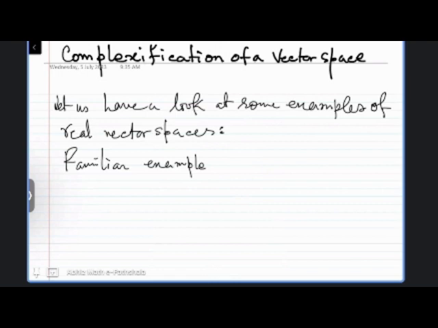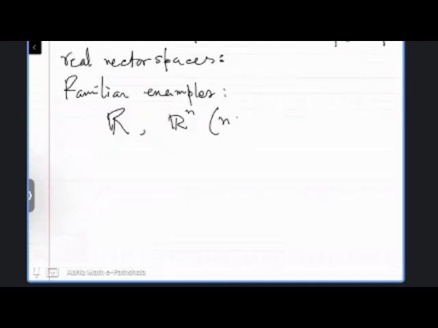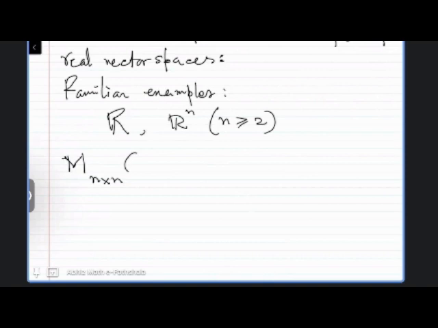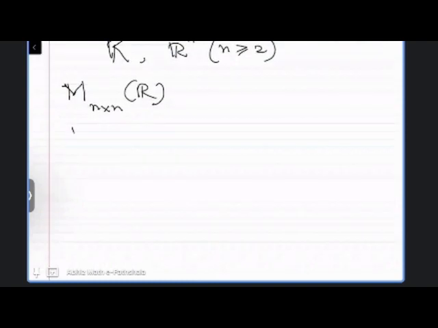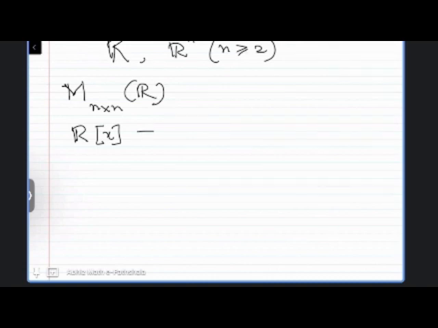So basically R, the real vector space, and if you take any Rn for n greater than or equal to 2, these are all real vector spaces. If you take the set of all square matrices of order n cross n having entries in R, these are all real vector spaces. If you take the polynomials having coefficients in R, this is also a real vector space, right?